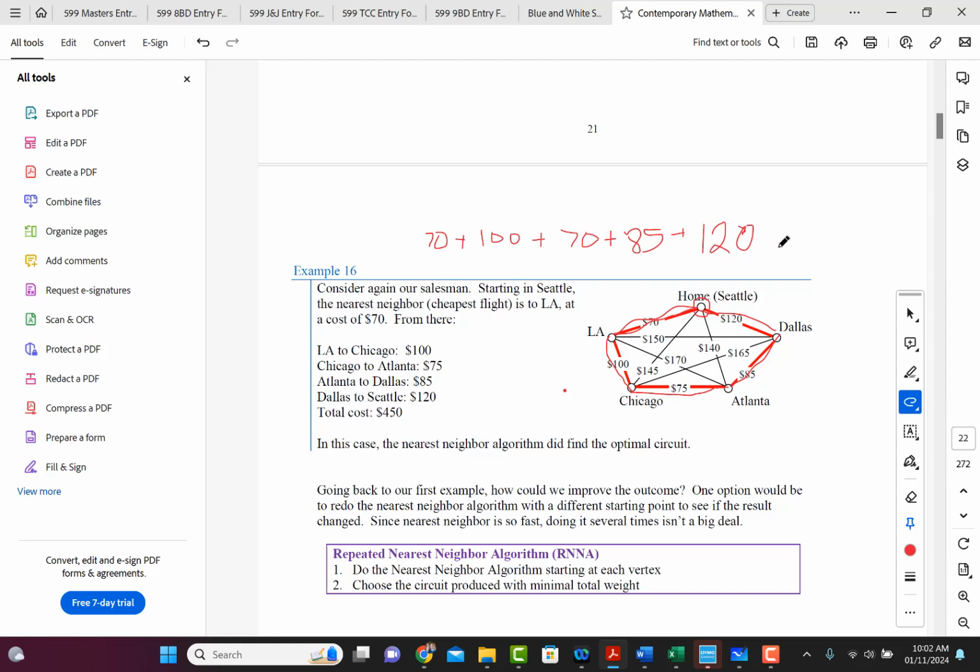Okay. And in this case, when we used the nearest neighbor algorithm, it did find the cheapest route. But remember, it doesn't always.